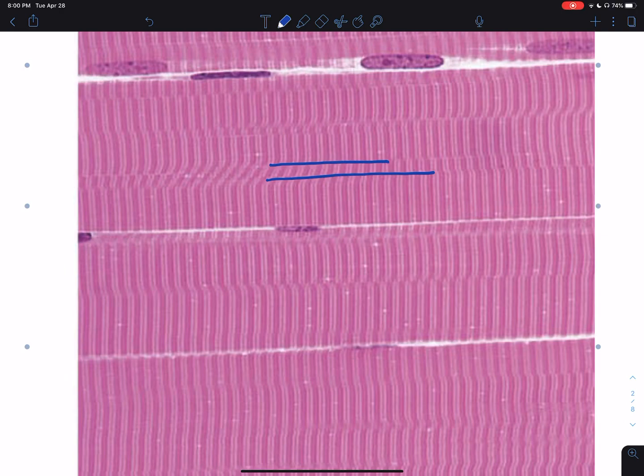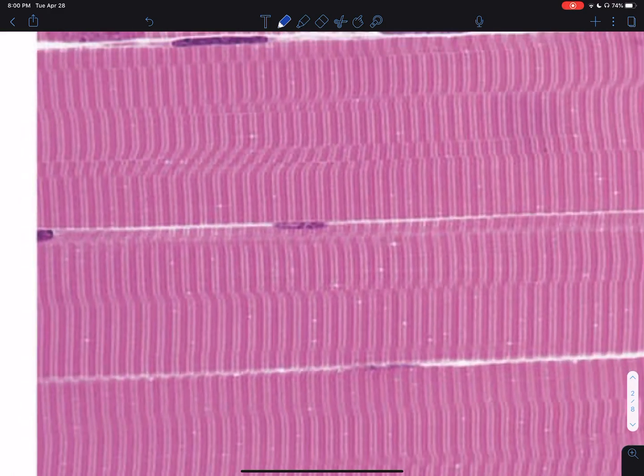Okay, so I'm going to erase that now and look where those lines were, because when I erase them, now you can see that there's a jog in the sarcomeres, which I'll talk about in a second, okay? A sarcomere is what we're looking at when we see that this one stops here, and then this one's over here, and this one's over here, and this one's back over here, and this one's over here.